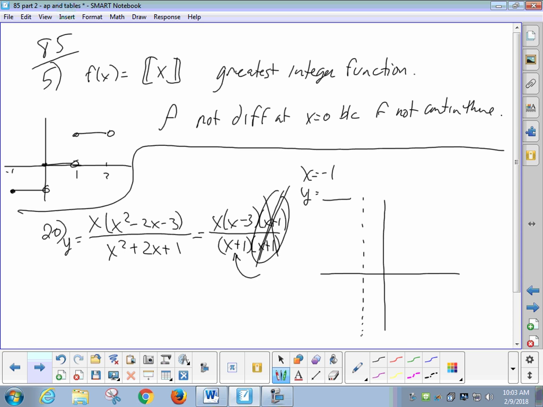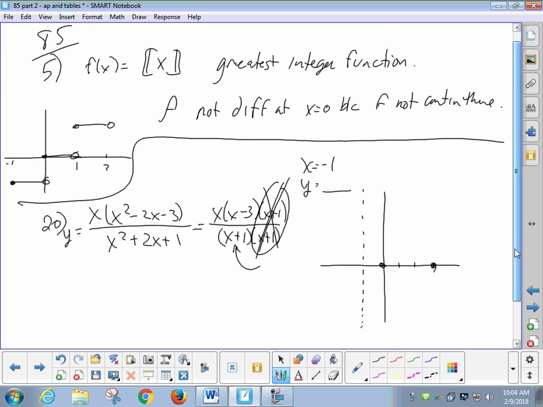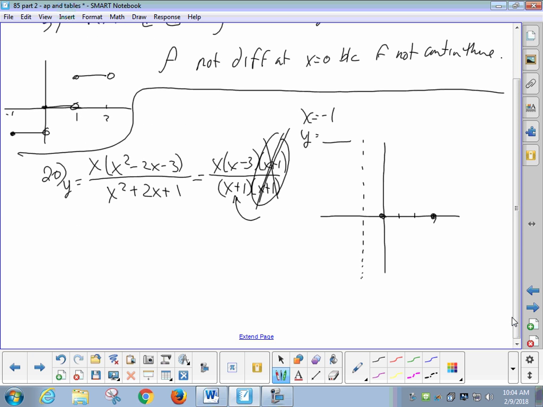Okay? So with zeros at 0 and 3, you need to find the horizontal or slant asymptote. Slant. Synthetic division or long division, do you prefer? 1, -3, 0. I get 1, -1, -4. Are you looking at y equals x minus 4 for a slant?